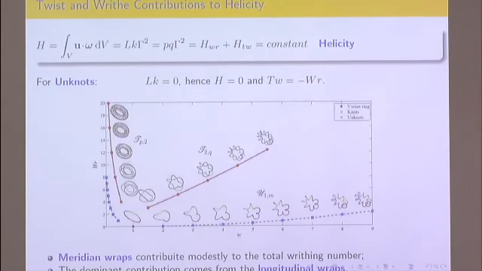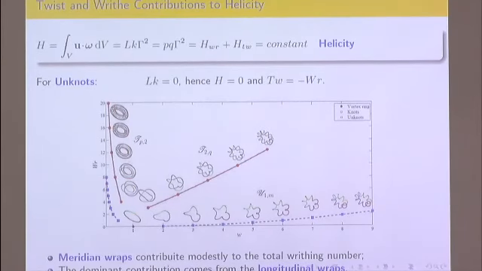So let's consider the information about the writhe number of different geometries and topologies plotted against the winding number. On the x-axis, we will see an increasing value of the winding number, and on the y-axis, the writhe number.